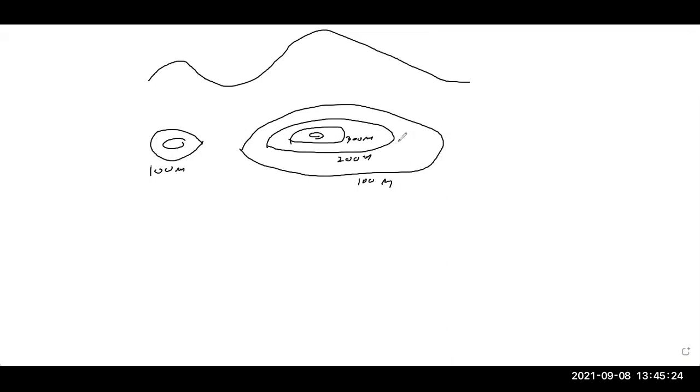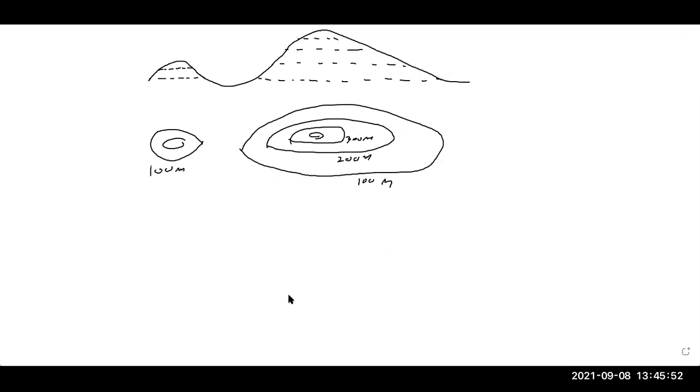So every point that is 100 meters from the ground is drawn in, and every point that's 200 meters from the ground is drawn in, every point that's 300 meters, and every point that's 400 meters is drawn in like that. So the map gives you a picture of the land.